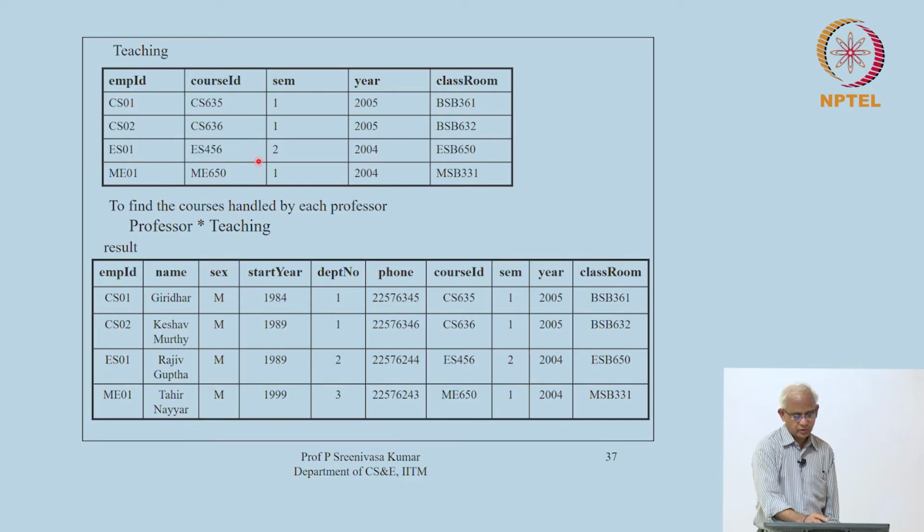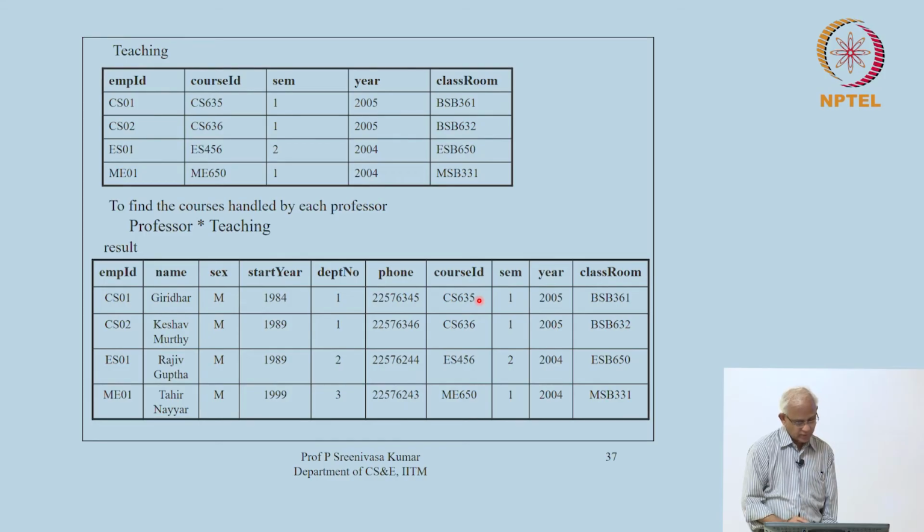These are the courses being offered in so and so semesters and what are the classrooms, etc. Now to find courses taught by each professor, what we do is simply a natural join between professor and teaching, because employee ID is the common attribute. Employee ID is the only common attribute.